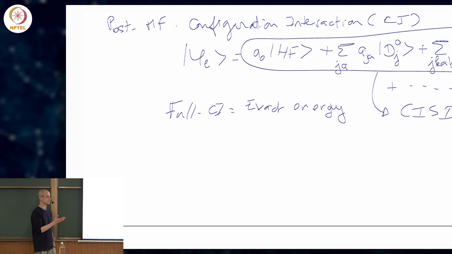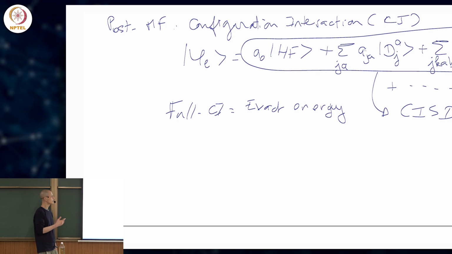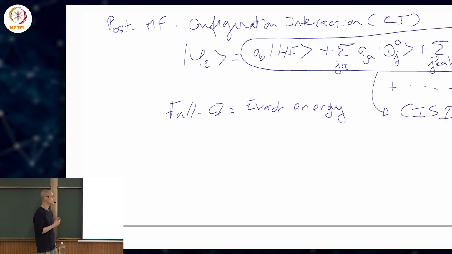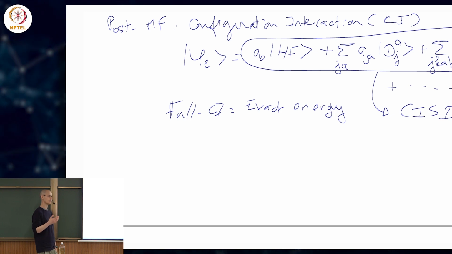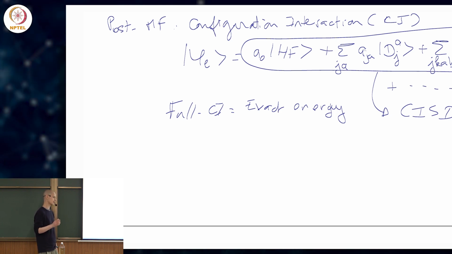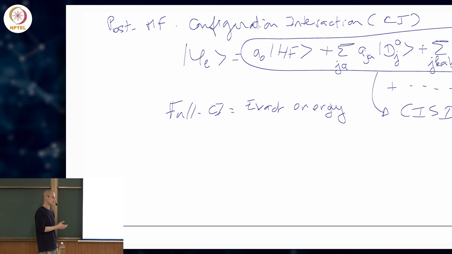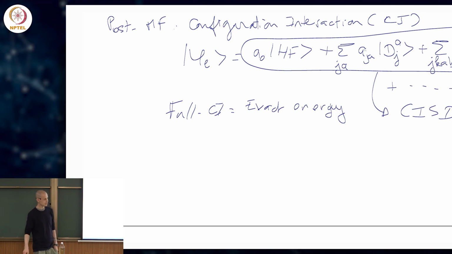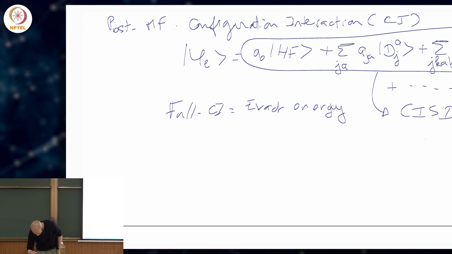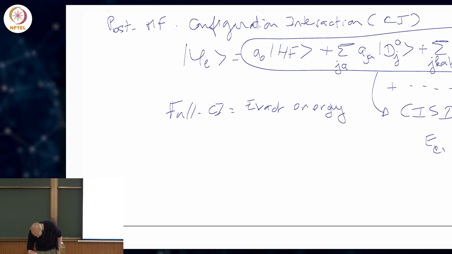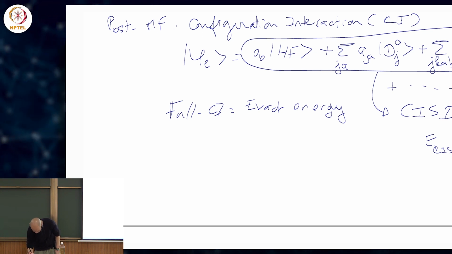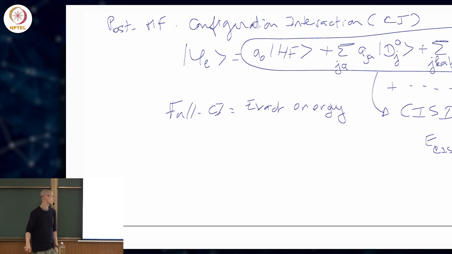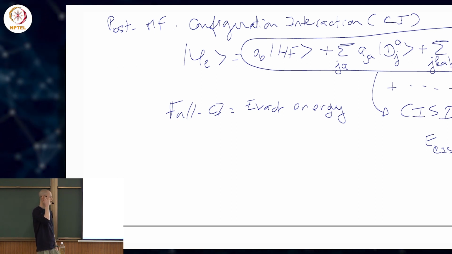So for example, if you take the example of helium, with a large basis set, with CISD you get minus 2.89, I think, something like that. So you're still not at the exact energy, but you're getting really close. So the energy for CISD for helium is minus 2.89 atomic units. Cool. So you're getting really close to the energy.